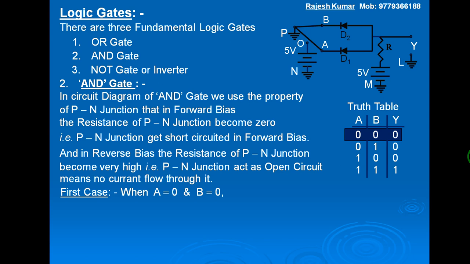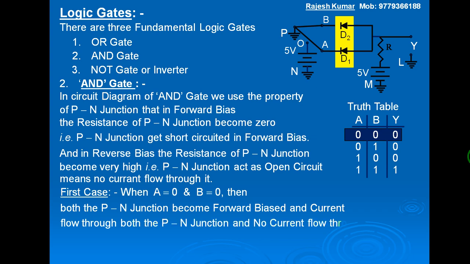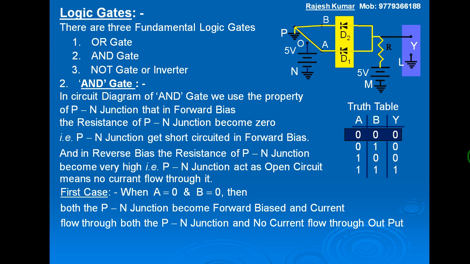Now both PN junctions become forward biased. These two PN junctions are forward biased, and current flows through both PN junctions and no current flows through the output. See, the current is flowing through the PN junctions and no current is flowing through the output or outer circuit.